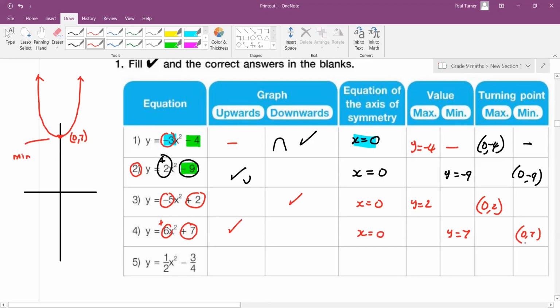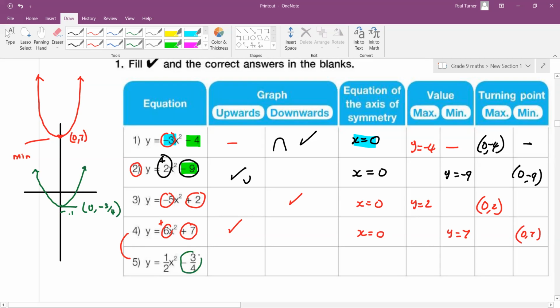Okay, last one. Same idea. Look at 4 and 5, except this is going to be below the axis. So minus 3/4, I'll use a different pen. So minus 3/4, well, that's minus 1. So minus 3/4 is here somewhere. And this is positive, so it's going to open up like that. So this is 0, minus 3/4.